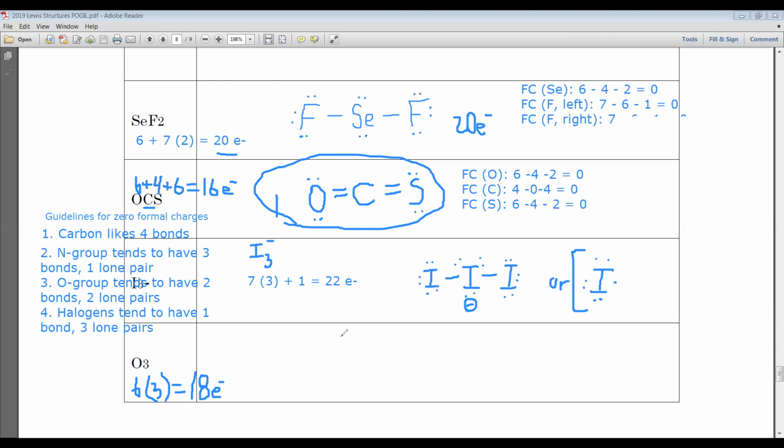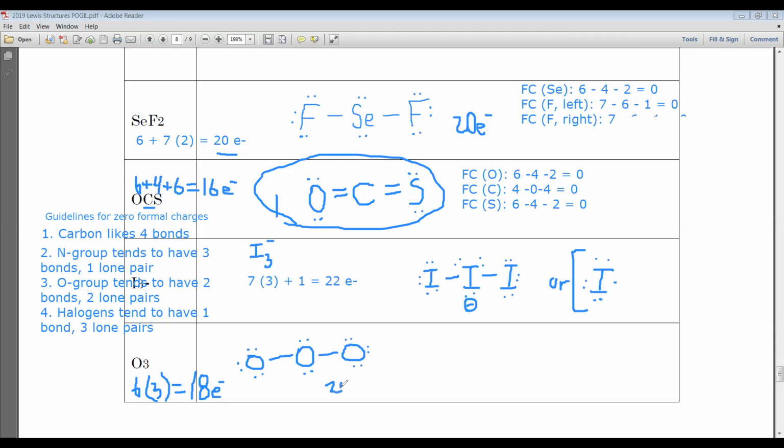Okay, then let's see how we did. So for ozone, you're going to have a single structure to start. And if we fill in everything on that single structure, what we end up with is 6, 8, 10, 12, 14, 16, 18, 20.